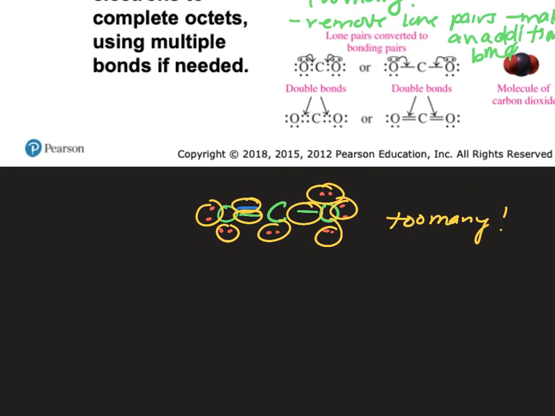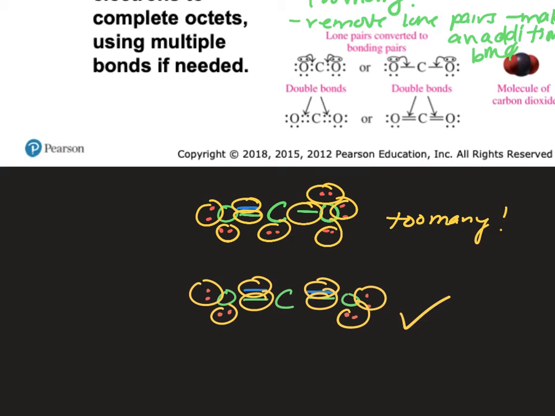All right, so let's try this again. All right, so let's remove a lone pair from carbon and a lone pair from oxygen and make a new bond. Okay, let's count. 2, 4, 6, 8, 10, 12, 14, 16. All right, so there's my structure.